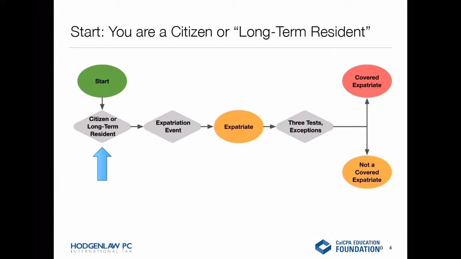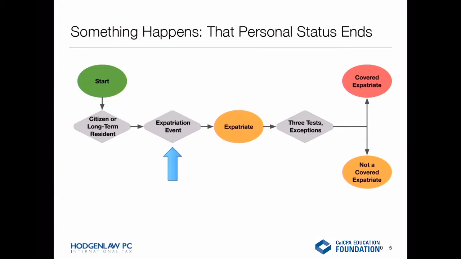Once you're a citizen or a long-term resident and you have an expatriation event, like I mentioned before, at that point you become an expatriate. That expatriation event fixes in time a date that you use to report to the IRS when you expatriated, and the date that you report your net worth and all that stuff.